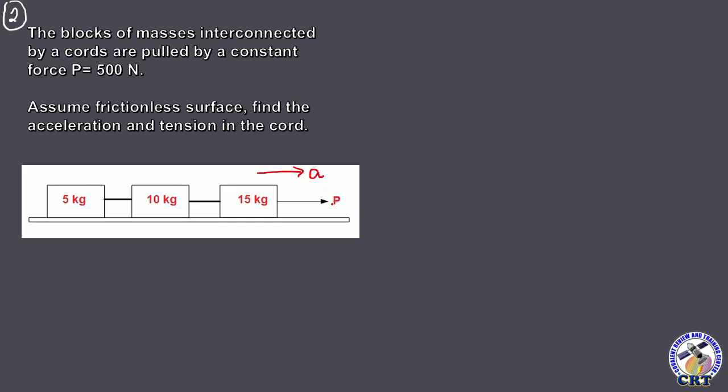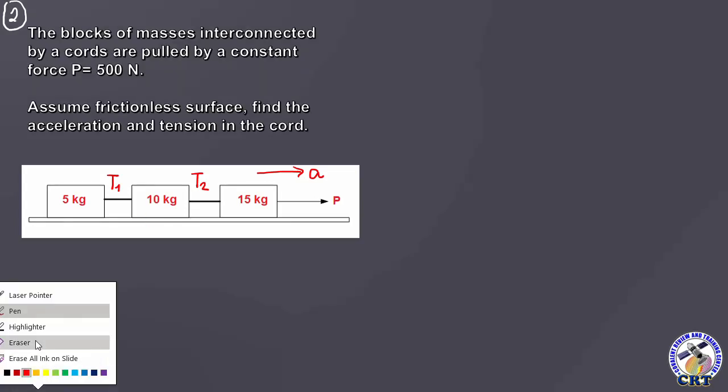Next, since we involve 3 blocks of masses here, we have tension 1 between the 5 and 10 kilogram masses, and we have another tension, tension 2, between the 10 and 15 kilogram masses. And again, this is our assumption, frictionless surface, so we will not use the effect of the weight for this problem.